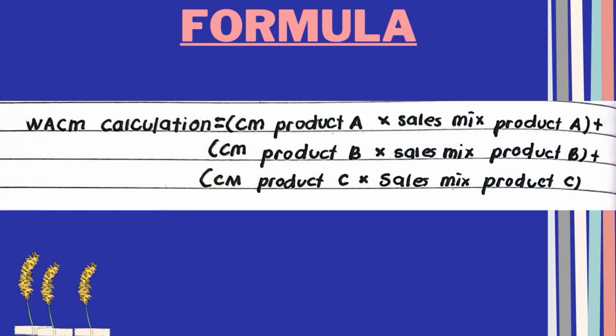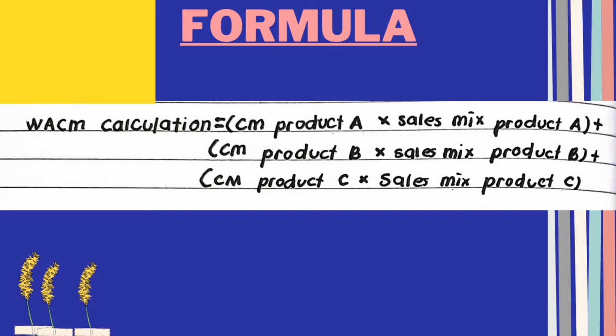The formula for the weighted average contribution margin calculation is contribution margin for product A times sales mix of product A, plus contribution margin of product B times sales mix of product B, plus contribution margin of product C times sales mix of product C, and then we get the WACM, or weighted average contribution margin.